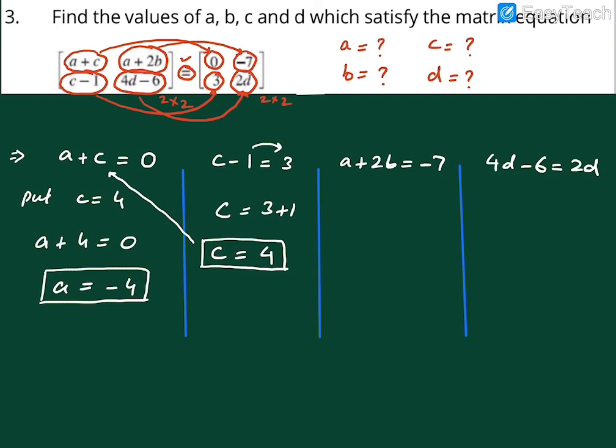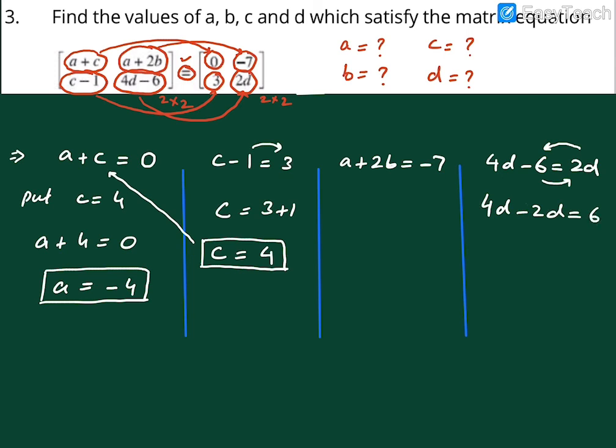Similarly, we can find D easily here. Subtract 2D from both sides, or bring this D here. When 2D comes to this side, it will be minus 2D, and take 6 to the right hand side. When it goes there, it will be plus 6.